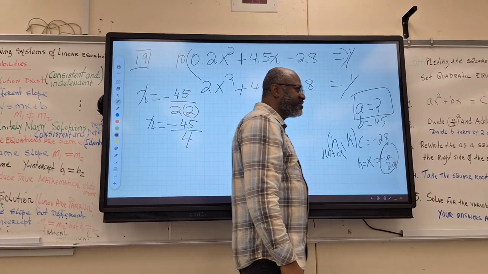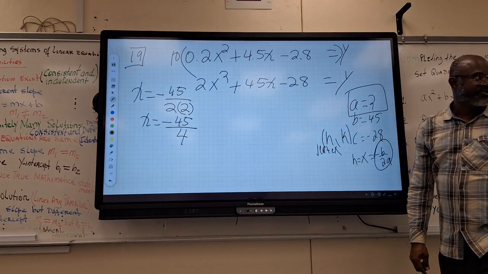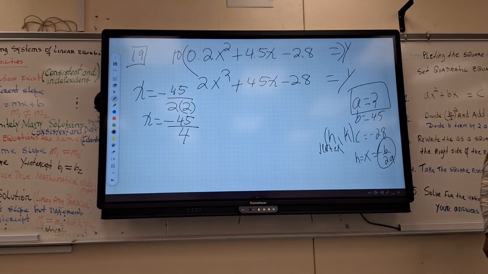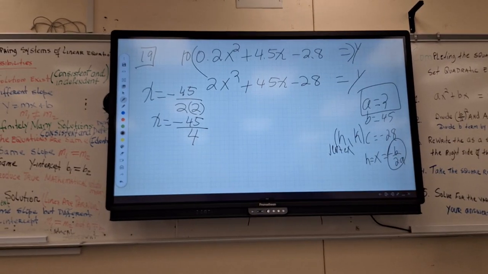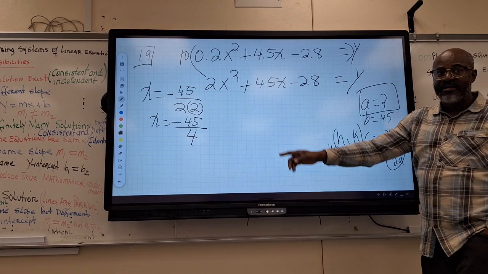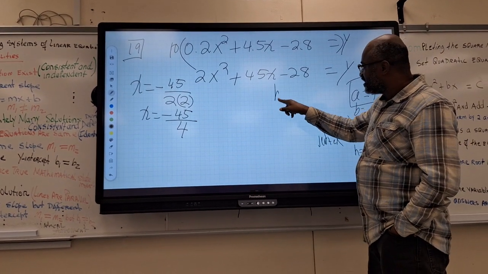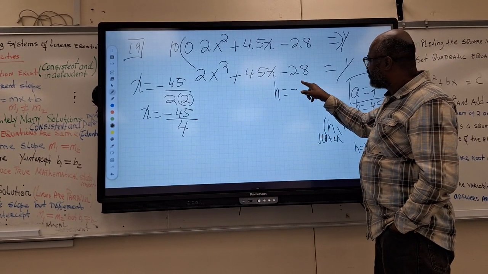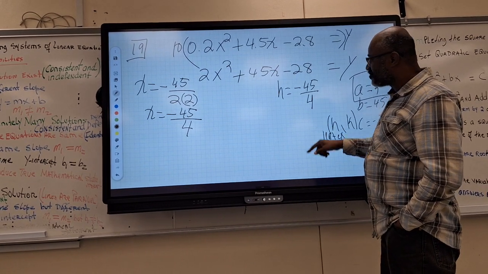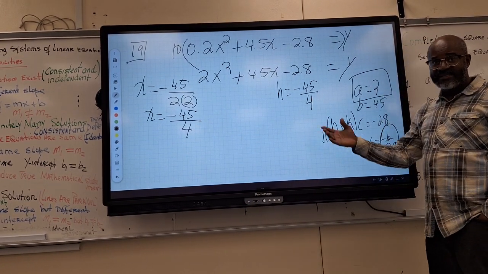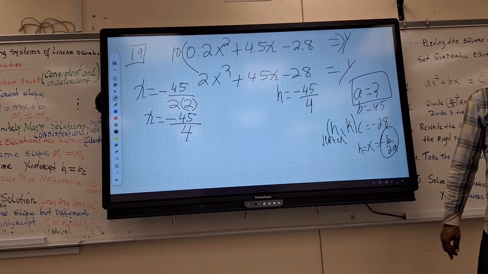Do not change to decimal. That's what your assignment says. For those of you who are not reading, it says do not change to decimal. So therefore I'm going to keep it as that. H is negative 45 over 4. Right? That was x, right? X is h. If I know x, I know h, right?